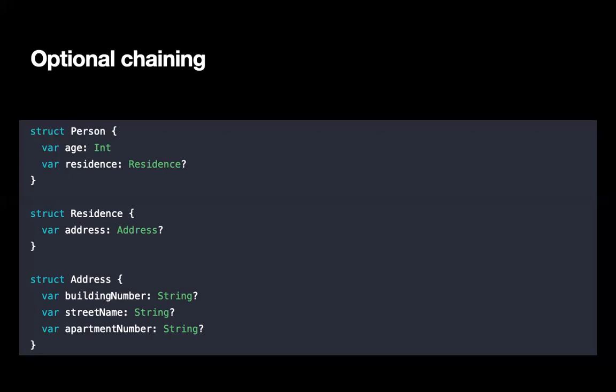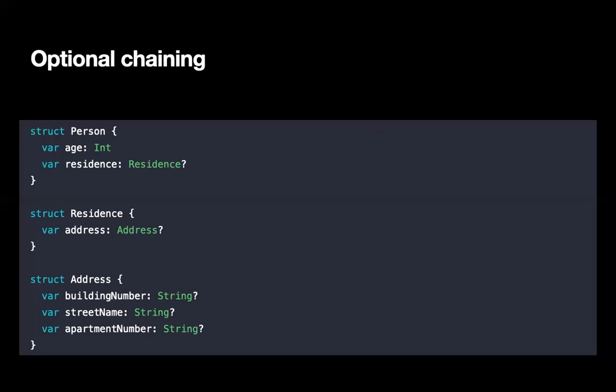Unwrapping nested optionals can require a lot of code. So in this example, we are checking an individual's address to find out if he lives in an apartment. To do this for a given person object, you must unwrap the residence optional, the address optional, and the apartment number optional.